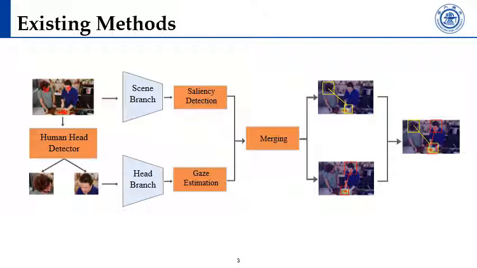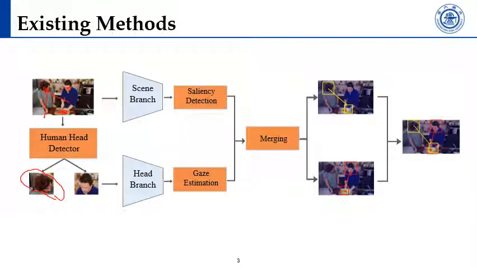Meanwhile, the head branch takes the head image crop, for example, this crop, to do gaze estimation. This module will output a field of view. The field of view is a region with a cone-like shape. You see like this.